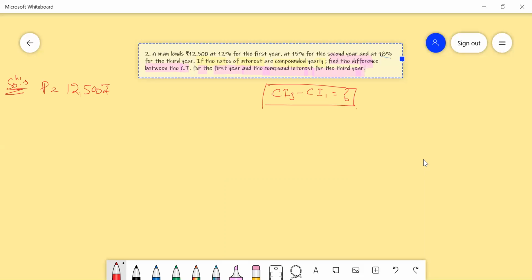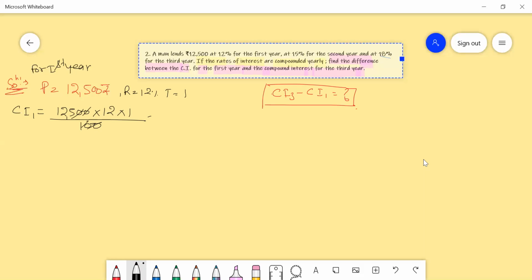For the first year, the principal is 12,500, rate of interest is 12%, time is 1. So CI for the first year, CI1, is principal into R into 1 upon 100. We cancel out 2 zeros.